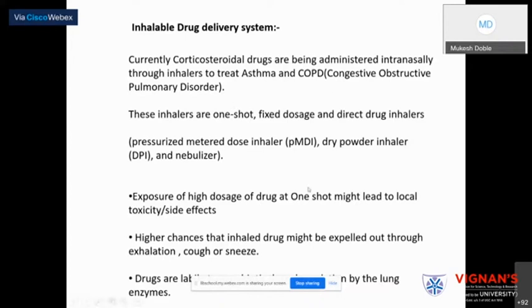So you may have to design polymeric systems which may degrade, reach the target site, bind to the target, and then slowly get degraded and allow the drug to be slowly released. That's what we need to consider if you are designing an inhalable drug delivery system.